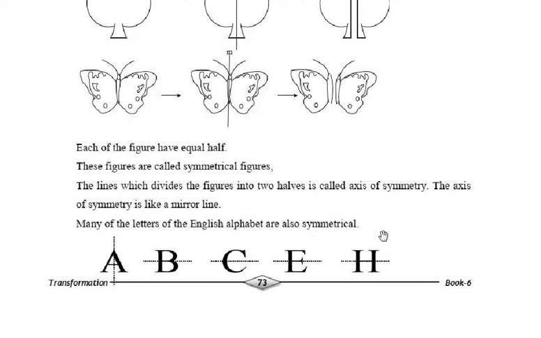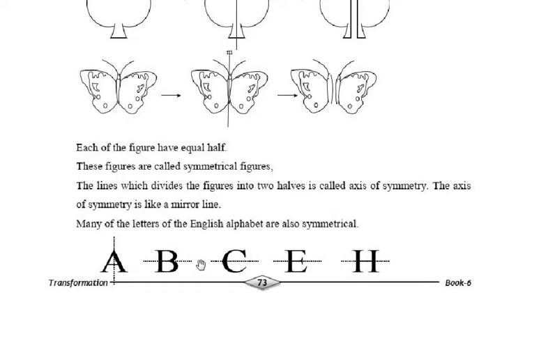Many of the letters of the English alphabet are also symmetrical. You can see here, if A is divided, it will have equal halves on both sides. If B is also divided like this. But sometimes we need to know how the axis of symmetry exists, because sometimes it will be vertical.